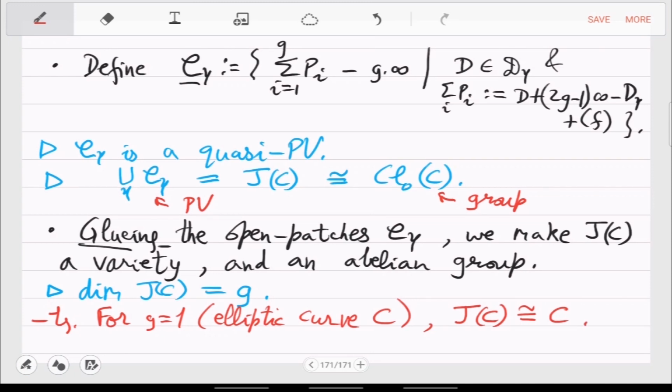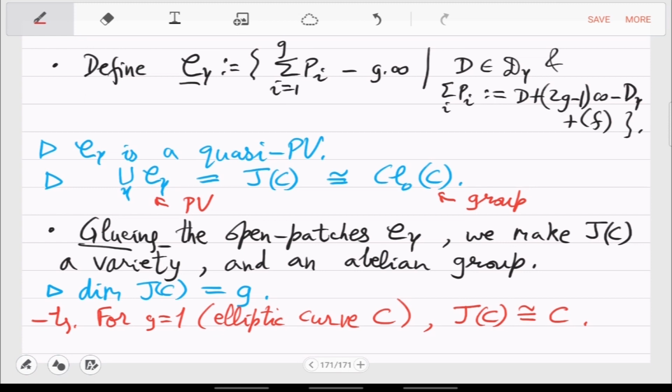Okay, so in the case of genus 1, the curve is its own Jacobian, which makes this curve actually an abelian group. That is the reason why an elliptic curve forms an abelian group. So it comes from here.